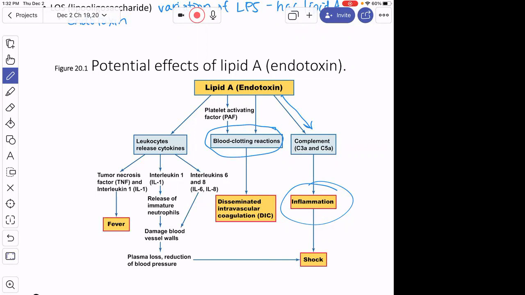That's just a way to say there's inappropriate blood clotting that takes place sometimes. We'll see that especially with the Neisseria meningitidis. Also, it causes the release of lots of different cytokines that can cause fever and more inflammation that can even lead to shock. Remember, just blood vessels really leaky, blood pressure going way down.